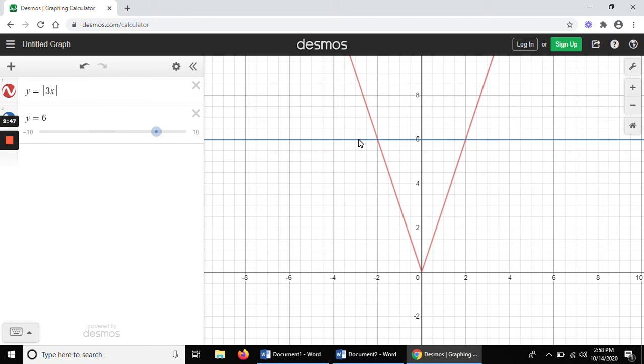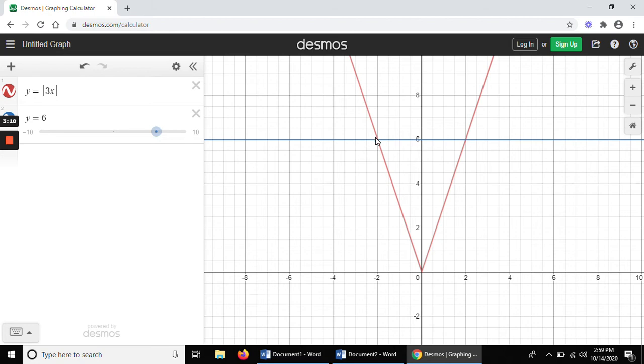Yes? Now, the next step we are going to take is where the two graphs meet. Where the two graphs meet, we are going to click on those areas.